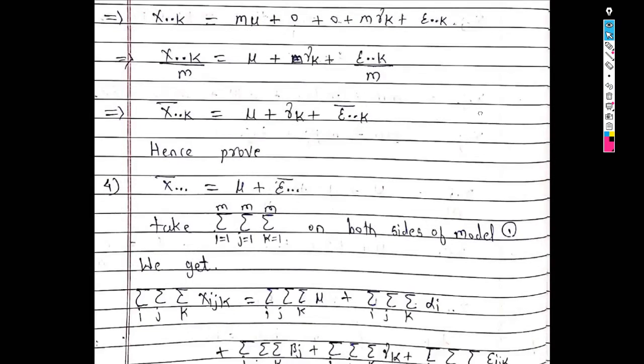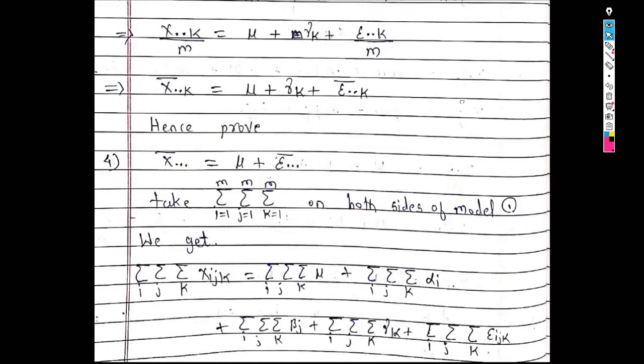Now to prove our last statement, which is x dot dot dot bar, that is grand mean, can be written as overall effect plus epsilon dot dot dot bar. To prove this statement, let us take summation over i, summation over j, summation over k on both sides of our model 1 or equation 1.